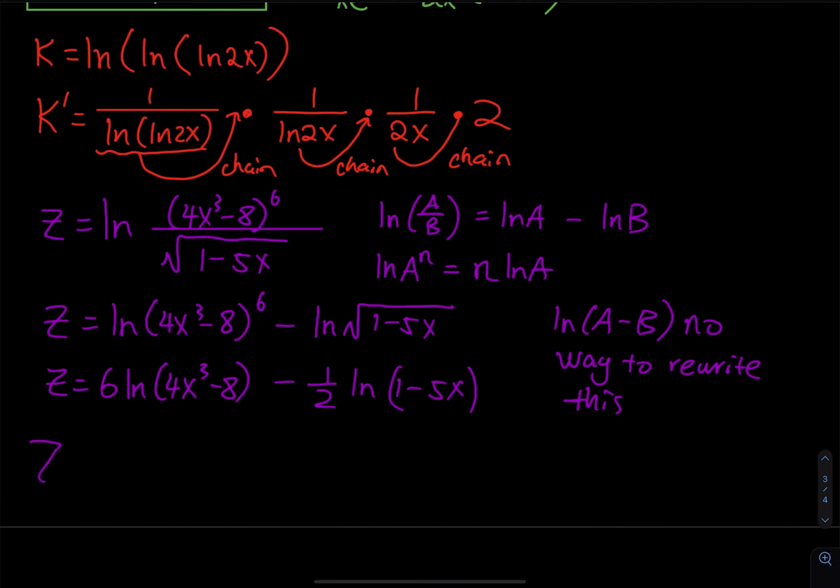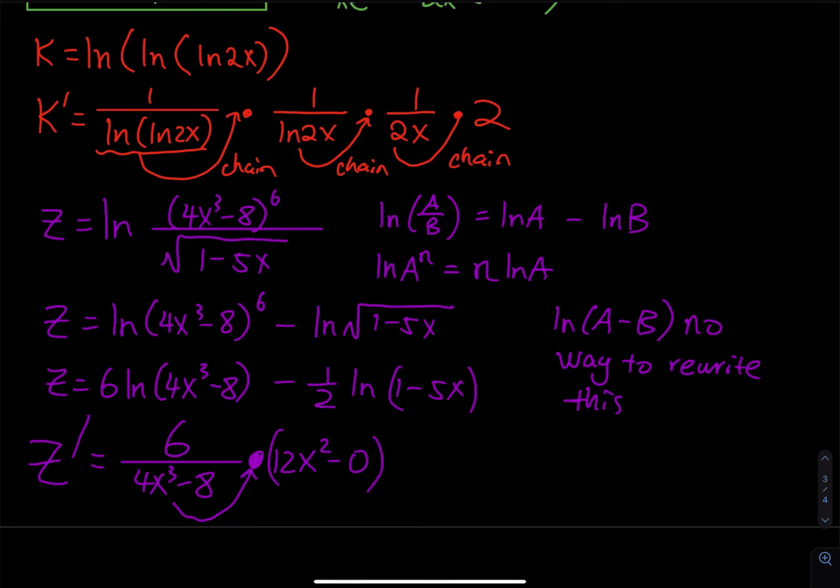So now we take the derivative. Derivative of ln, you bring this to the denominator, right? So 4x to the third minus 8. There should be a 1 on top, but you have a 6 in front, so that is a 6. And then you multiply by the derivative of that. What do we have? We have 12x squared minus 0. Okay, this is finished.